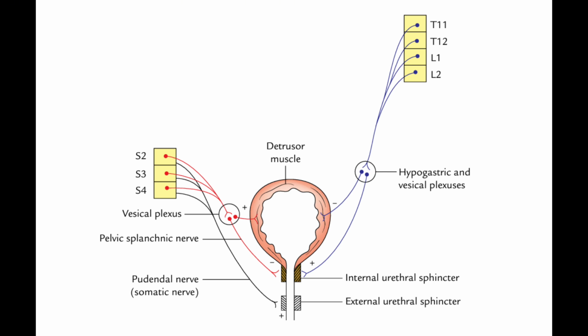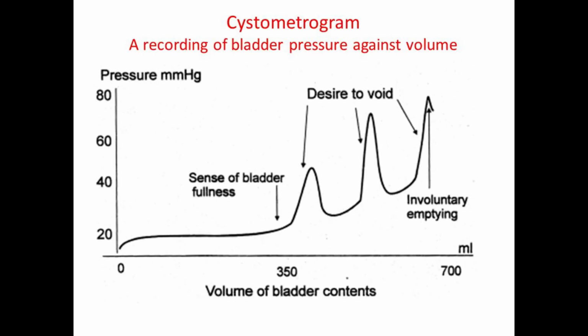General visceral afferent fibers from the bladder are stimulated by distension of the bladder when it is filled with approximately 300 milliliters of urine. Those stimulations are conveyed in both the sympathetic and parasympathetic nervous systems.